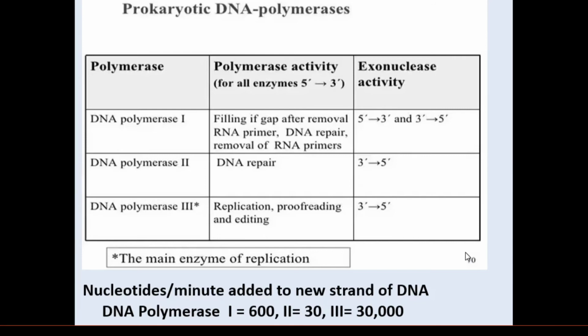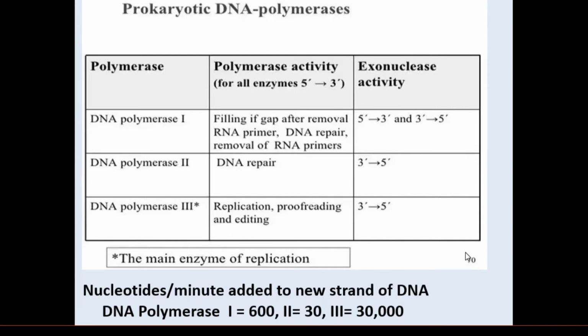Nucleotides permanently added to a new strand of DNA: DNA polymerase 1, 600 nucleotides; DNA polymerase 2, 30 nucleotides; DNA polymerase 3, 30,000 nucleotides. So the main polymerizing enzyme of replication in prokaryotes is DNA polymerase 3.